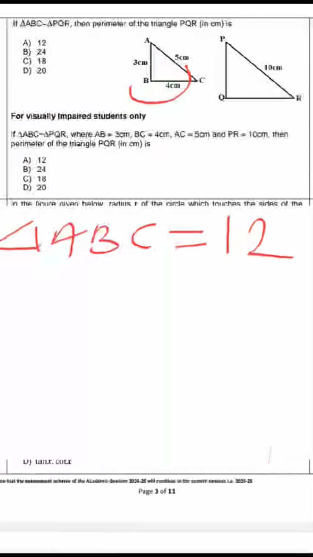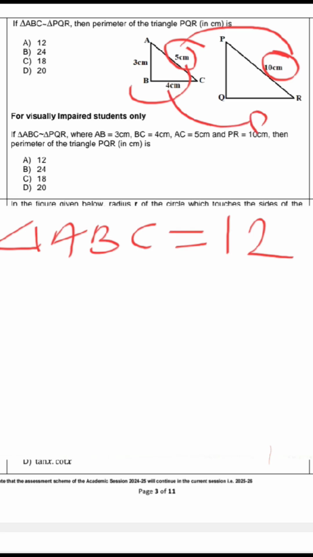Now see here hypotenuse is 5. Here hypotenuse is 10. So in what ratio do the sides change? 5 to 10. So this side is 10. Hence the QR side must be 8 and PQ side must be 6.